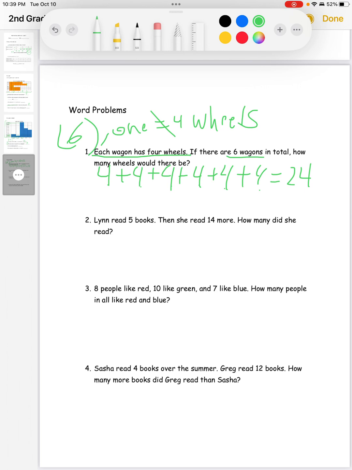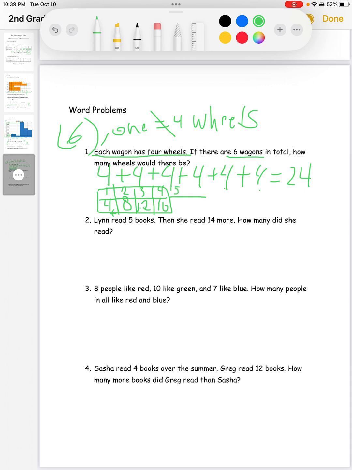Since this is a little hard to add because it's bigger numbers, we can make a chart. We'll make a mini one. So 1 wagon is 4. 2, you just keep adding 4, is 8. 3 is 12. 4 wagons means there's 16 wheels.